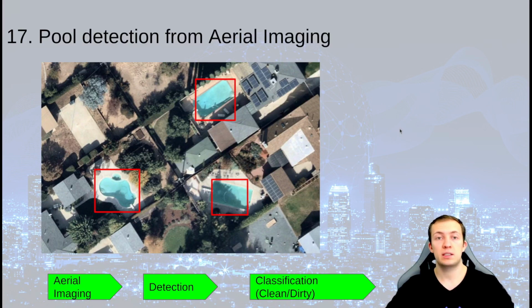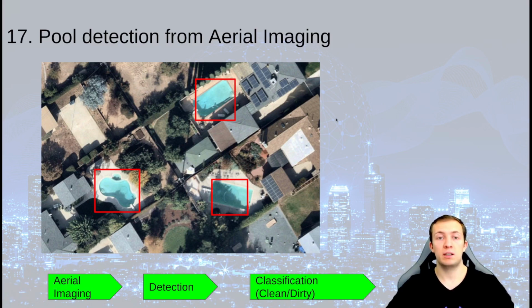The 17th use case is analysis of aerial images. We have images from planes or drones and we want to detect if there are new pools that were built in the area. Starting with aerial imaging that we can obtain from some provider, we want to build a simple detection model that will try to detect the different pools.